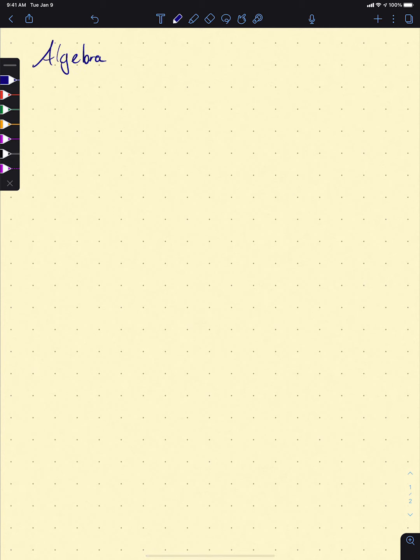So our first topic today is the algebra of functions. We have these functions that map one set to another. And the question is, how can we combine them in order to get new functions, and then how does that affect the domain of our functions?